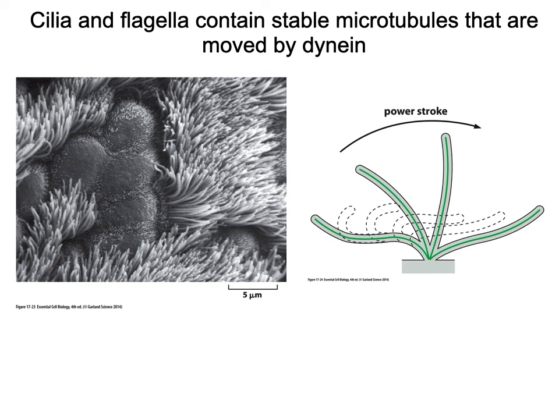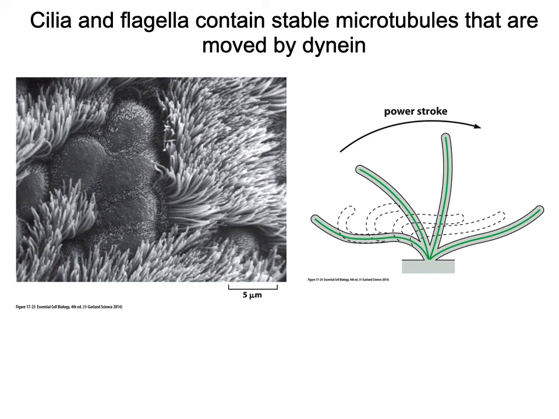So next we're going to talk about cilia and flagella. Cilia and flagella are made up of stabilized microtubules, as we can see on panel A, the left panel. Those hair-like structures are cilia, and inside of each of those hair-like structures, we're going to have a microtubule made up of tubulin subunits.